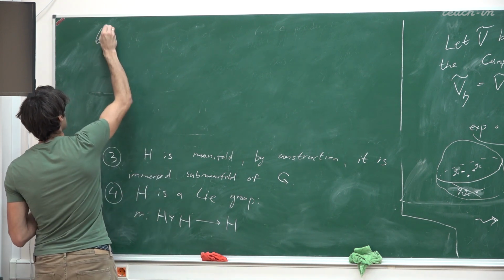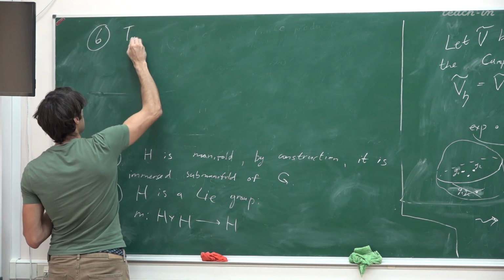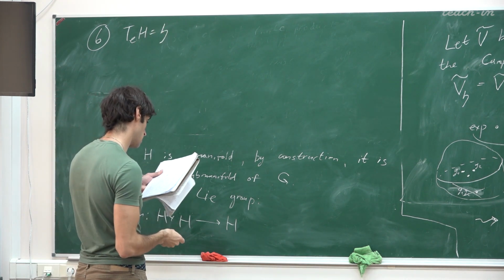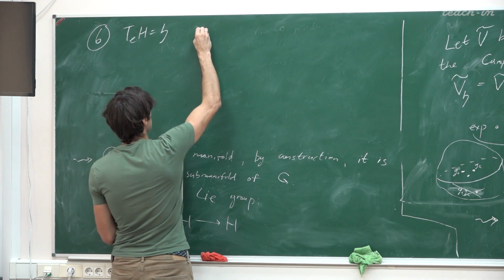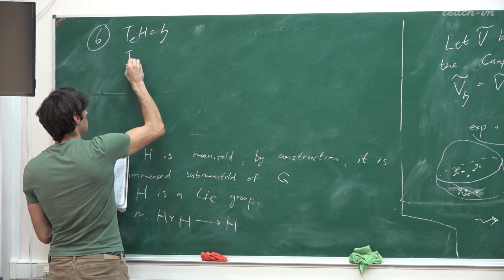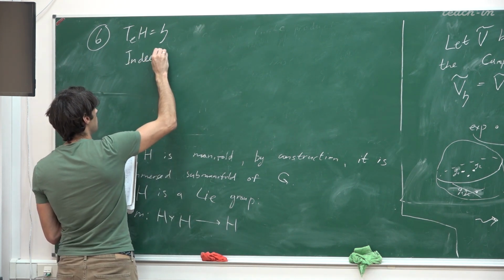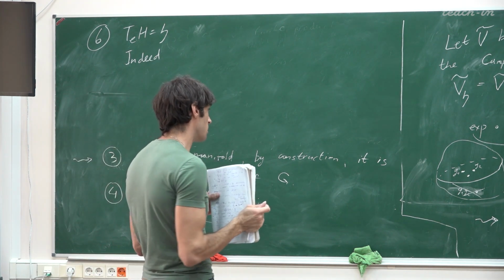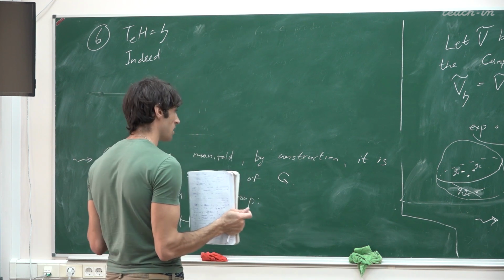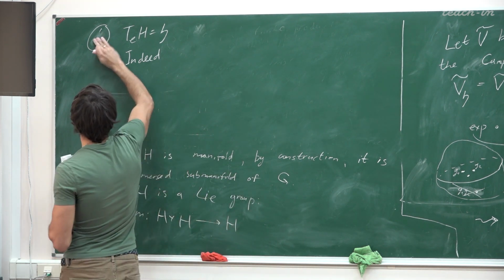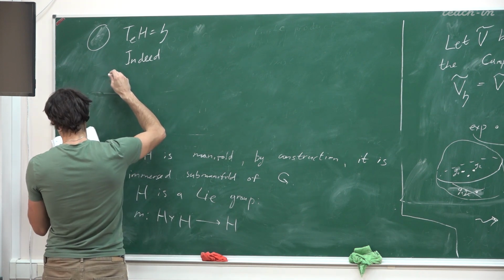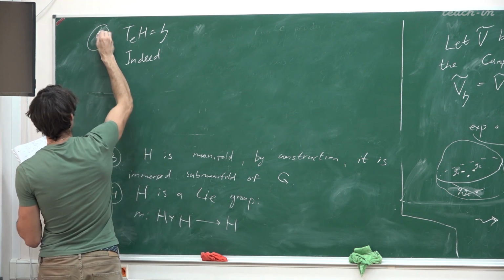So 5 is that TeH is H. Where was number 5? Yeah, 4 before. I think in my notes it's 7 already, so 5.